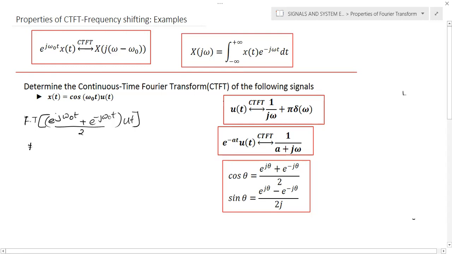So if you rewrite this equation, it becomes, okay, by 2, you can take this as a common factor, the Fourier transform of e raised to j omega 0 t into u of t, plus the Fourier transform of e raised to minus j omega 0 t into u of t.